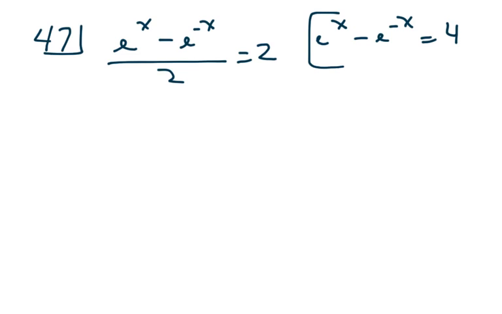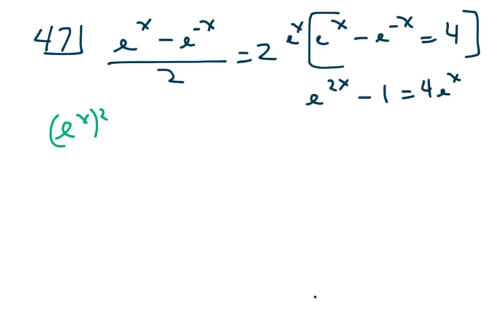We're going to multiply everything through by e to the x. So basically you're going to get e to the 2x minus 1 equals 4e to the x. And we're going to rewrite this as e to the x squared minus 1 minus 4e to the x equals 0.